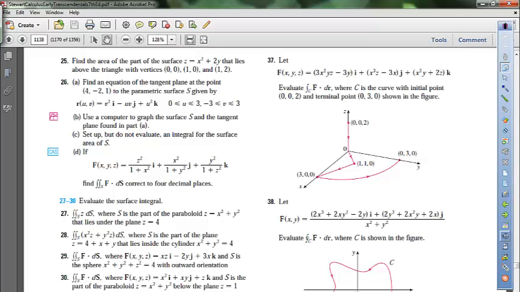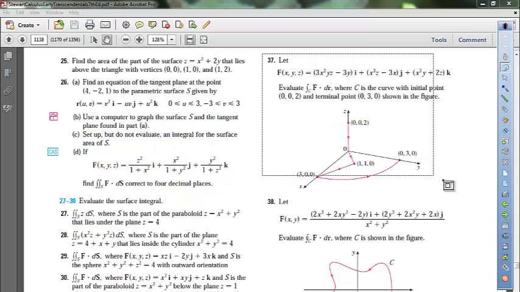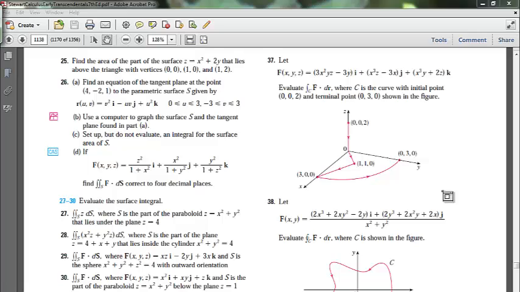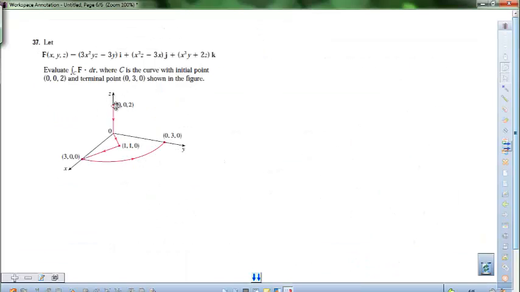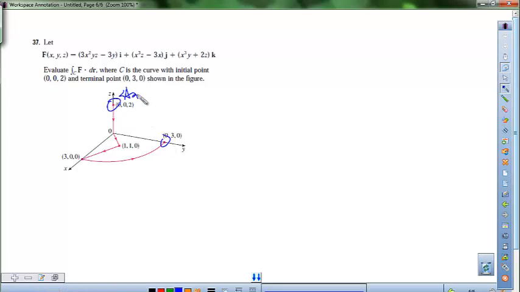This is number 37. As I do that, I almost ignore everything else and just imagine the starting and ending points for this. So for this kind of problem, it looks like I might be using the fundamental theorem of line integrals.